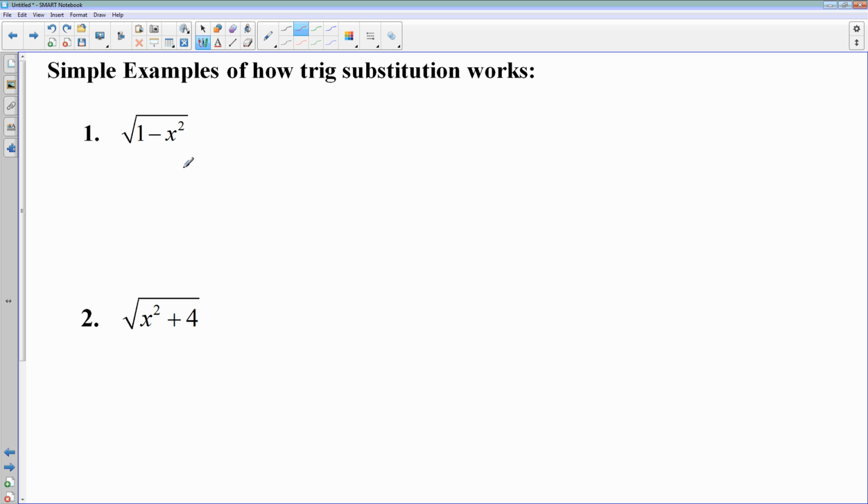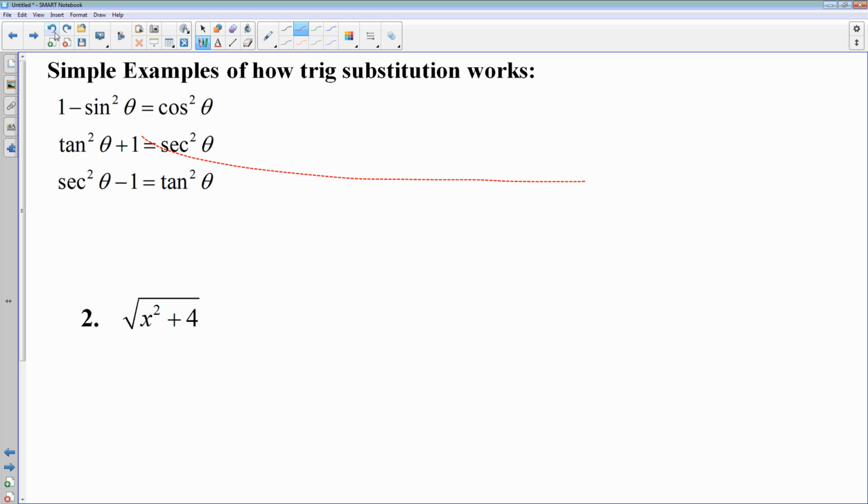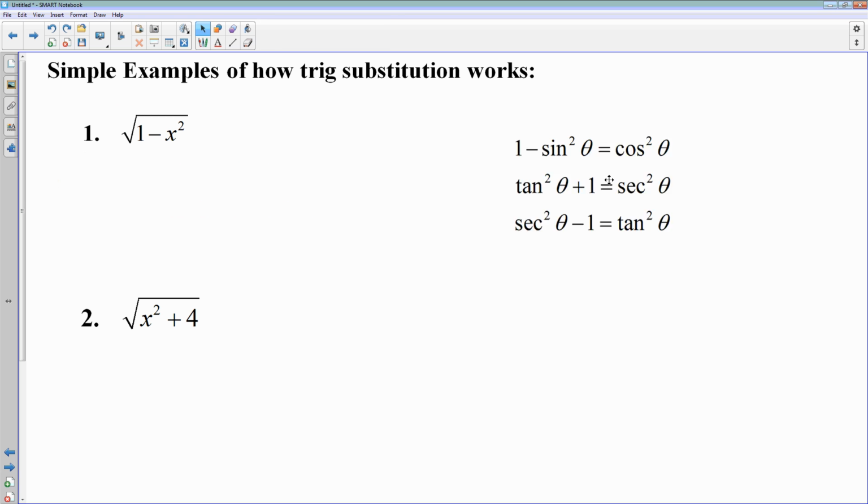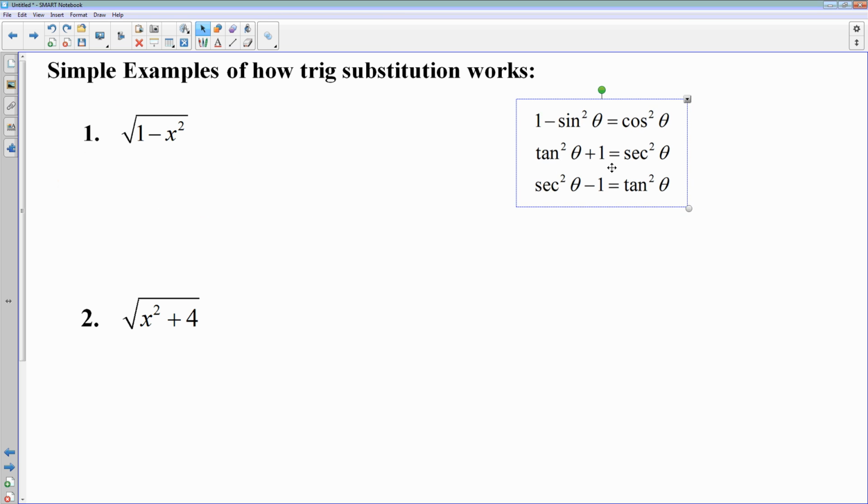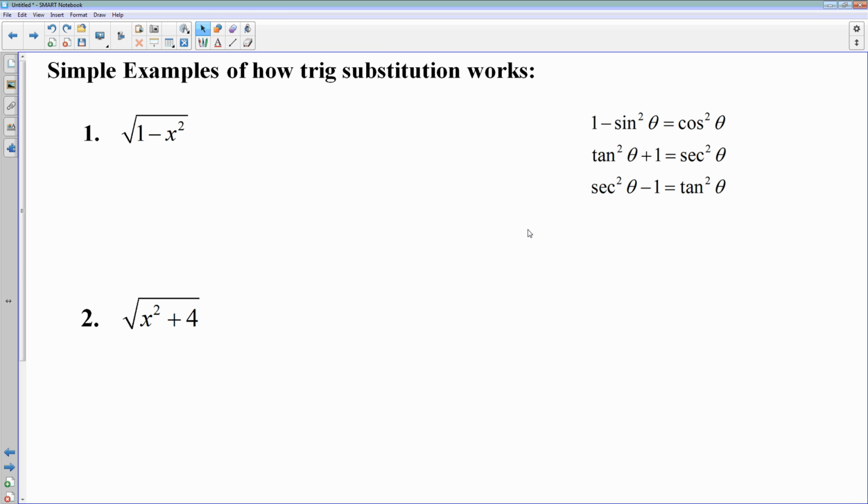I start thinking about these identities, and remember, we're really focused on this side right here. 1 minus x squared really comes close to resembling 1 minus sine squared.